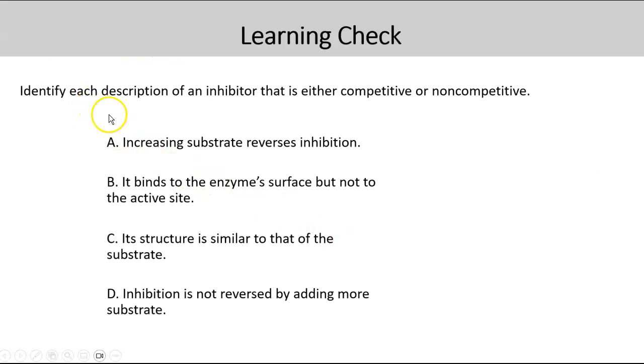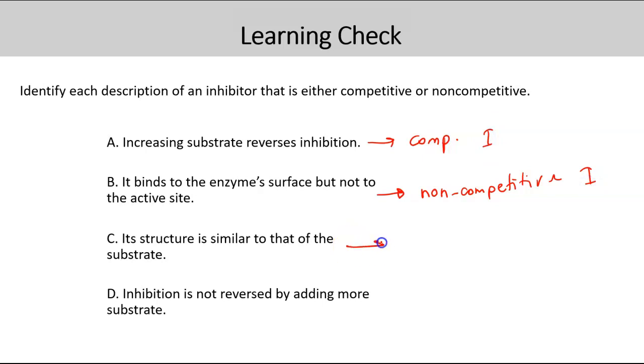Another learning check. Identify each description of an inhibitor as either competitive or non-competitive. Increasing substrate reverses inhibition. Then that has to be competitive inhibition. It binds to the enzyme surface but not to the active site. That has to be non-competitive.